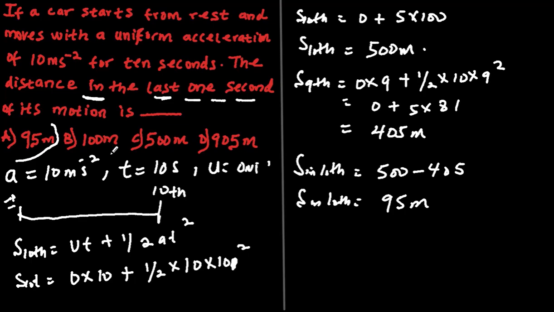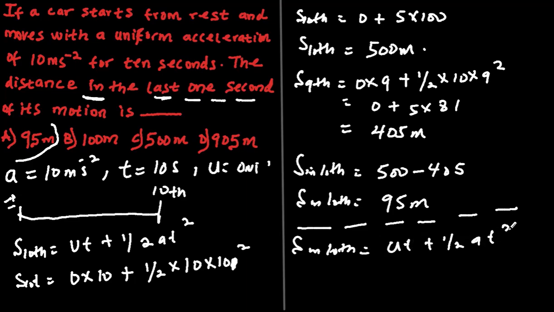Now, what you're going to notice is that in the 9 seconds and the 10 seconds, some parameters are the same. The only parameter that is different is t. So you can just solve this all at once by saying that S in the 10th second is ut plus half at squared. But when you're slotting in the time, you don't put 10 squared minus 9 squared.